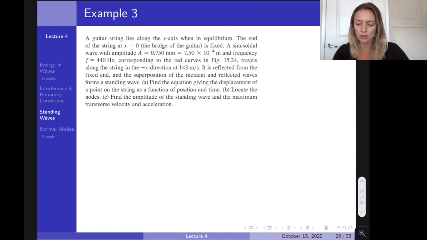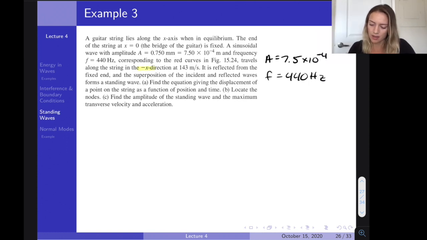All right, now let's do another example. Here we have a guitar string that lies along the x-axis. The end of the string is fixed. Let's say the amplitude is 7.5 times 10 to the negative 4 meters, and it's traveling in the negative x direction at 143 meters per second.